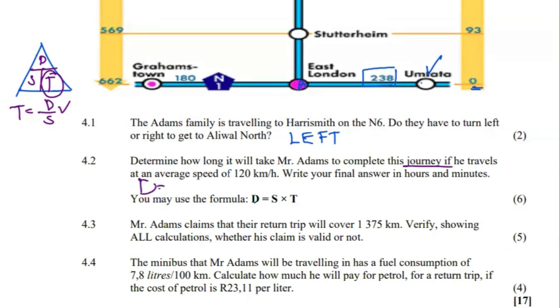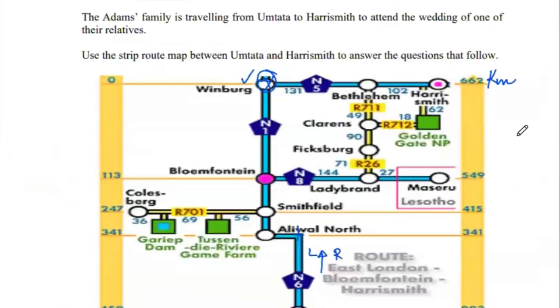First and foremost, you need to know the distance from Umtata to East London, plus the distance from East London to Windbag, which we already saw is 662 kilometers. Plus the distance from Windbag to Bethel, it's 131. Then from Bethel you go to Harry Smith with 102.